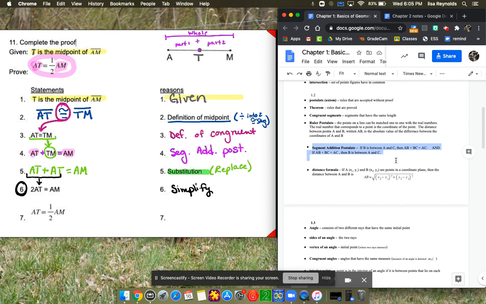And then in my last step, this times 2 has been removed, and I now have a 1/2.